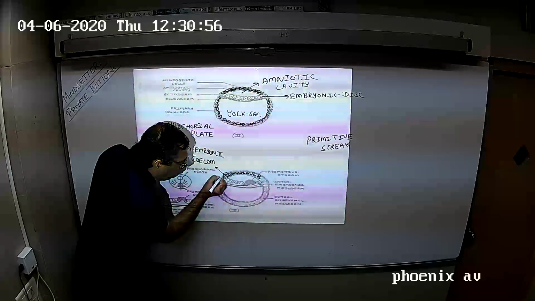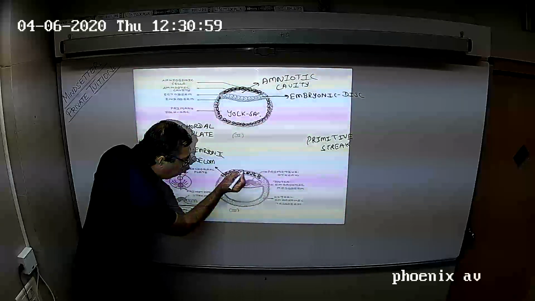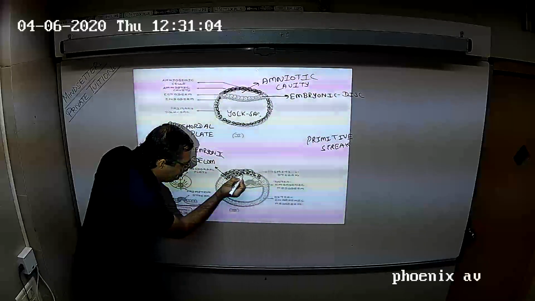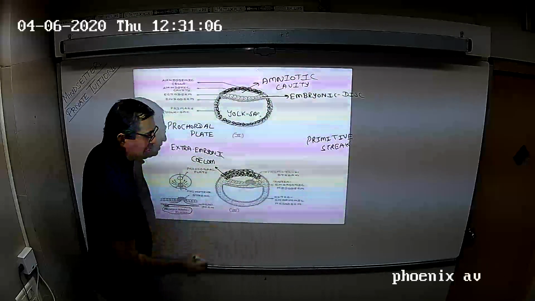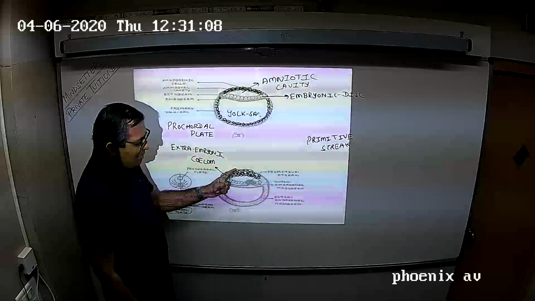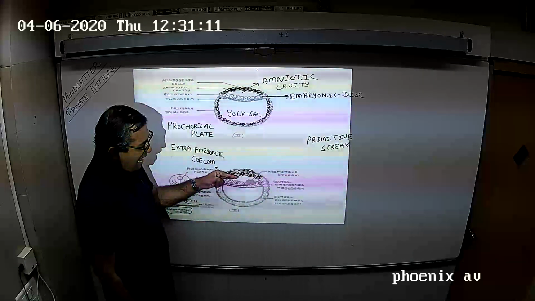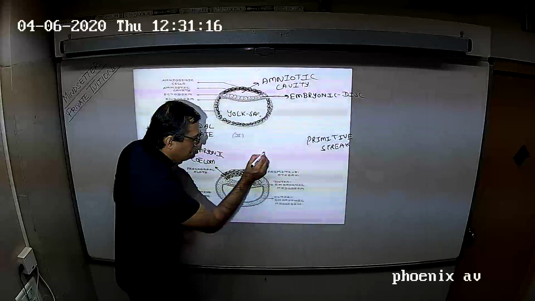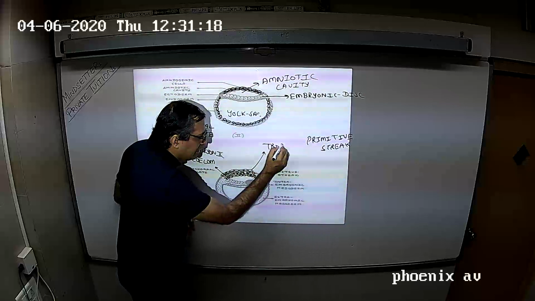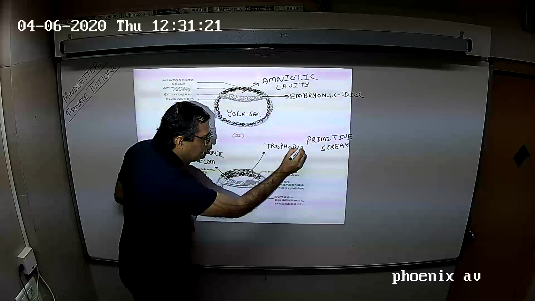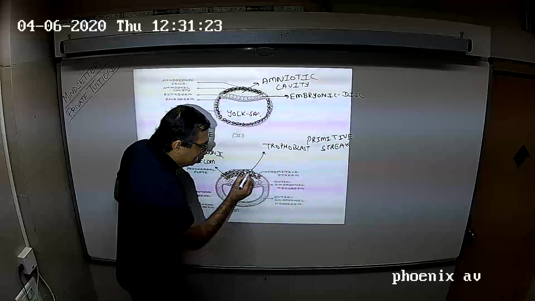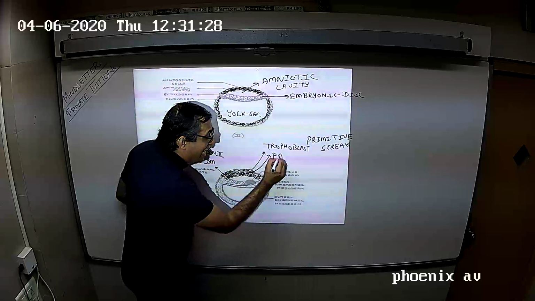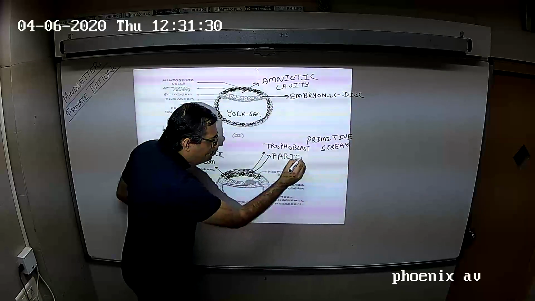So at the very top, which cells are these? Trophoblast. And at the very bottom, which cells are these? Amniogenic cells. So we have trophoblast, amniogenic cells, and in between two layers, of which the outer layer, just under the trophoblast, is called the parietal layer.